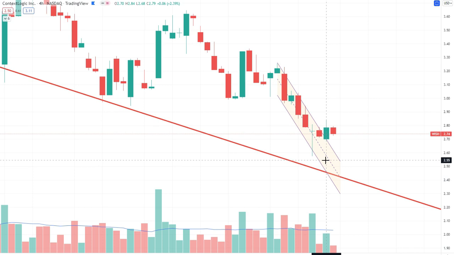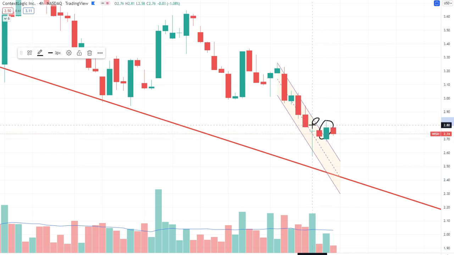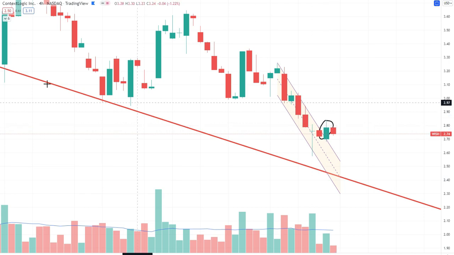And it was great to see on the 7th of January at opening that this candle here pushed higher than the high of the doji. With this candle here we closed above the opening and the closing of the doji, which is here at 2.76, and we tried to push even higher.